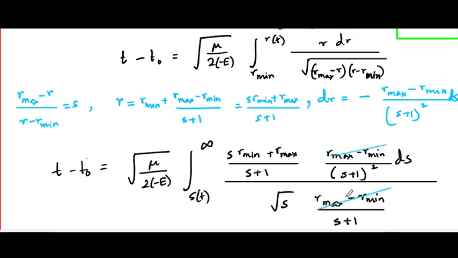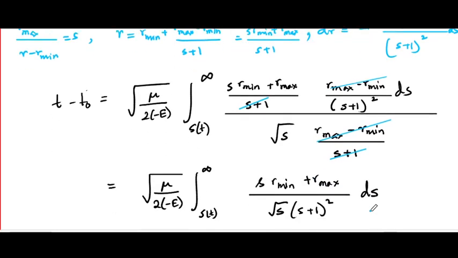This one cancels with this, one of the s plus 1s cancel with this one, but not enough cancellations occur to make this really nice, which is something which happened when we were solving the orbit equation, theta in terms of s. It's still not bad. You end up with root over mu by twice minus e. After all the cancellations are done, you are left with one factor here, root s here, and s plus 1 whole square ds here.